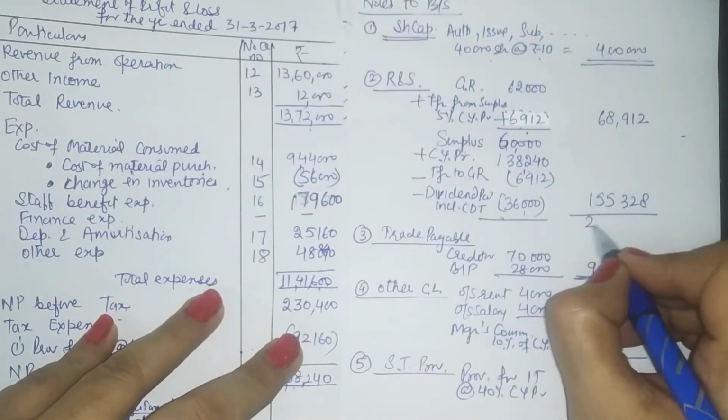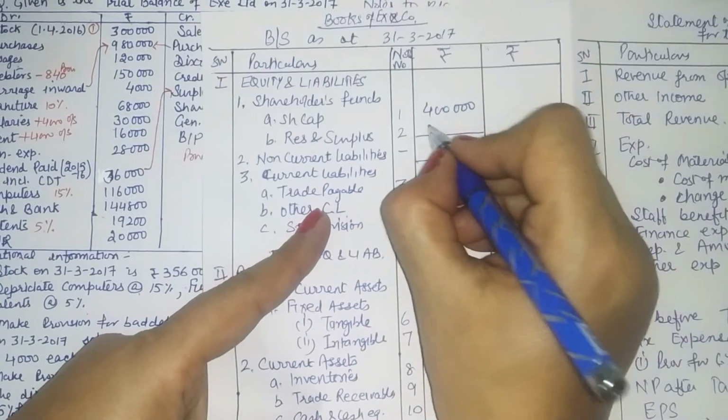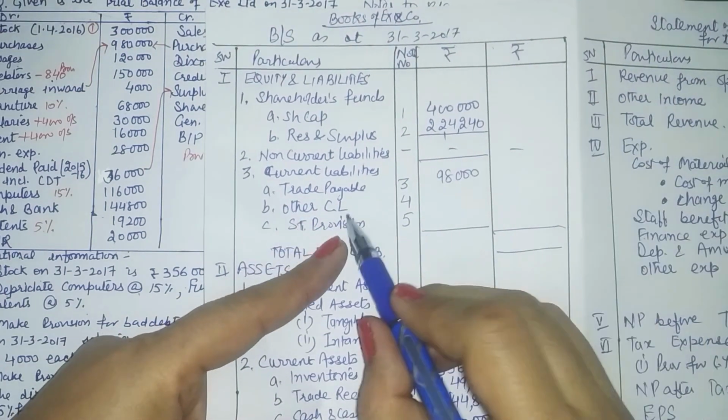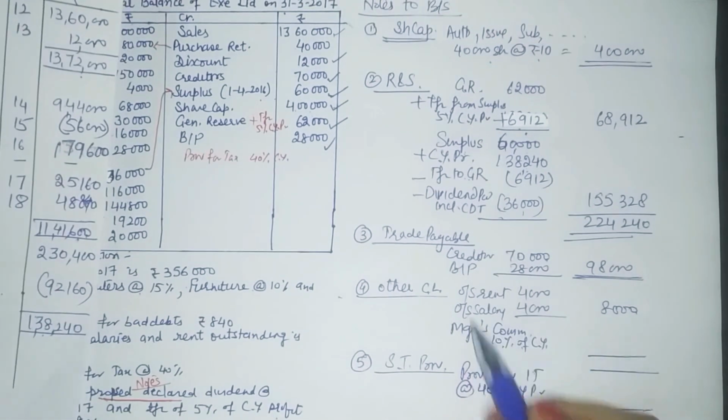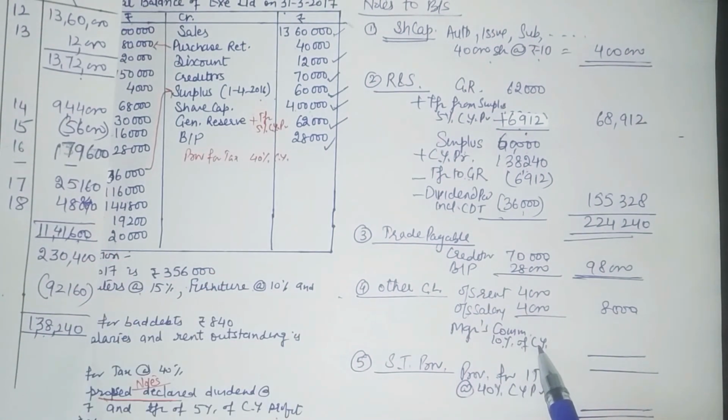1,55,328, making a total of 2,24,240. So reserve and surplus 2,24,240. Next is other current liabilities. Now in the other current liabilities, the manager's commission was to be reported, which we have calculated at 25,600.